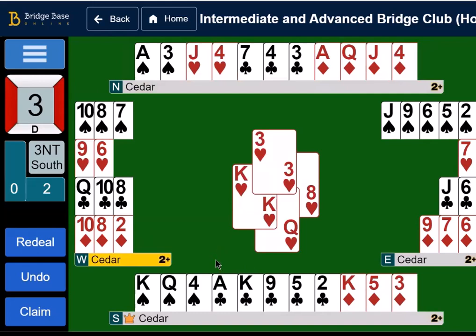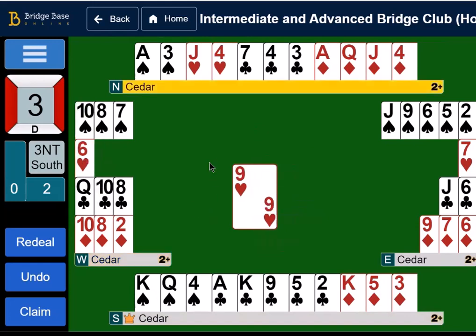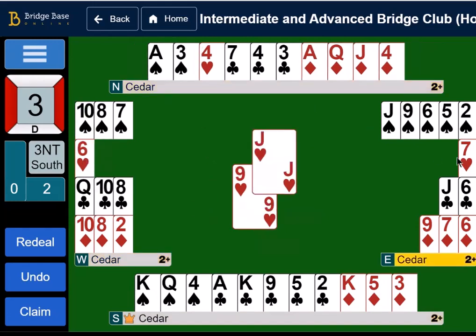So in fact, your 9 and 6 are now equal strength against the jack and the 4. So even if South had the 7 of hearts, if I lead the 9 of hearts, forcing out the jack, I have set up a winner for myself, the 6 of hearts. So this lead looks as though it hasn't worked out too badly.